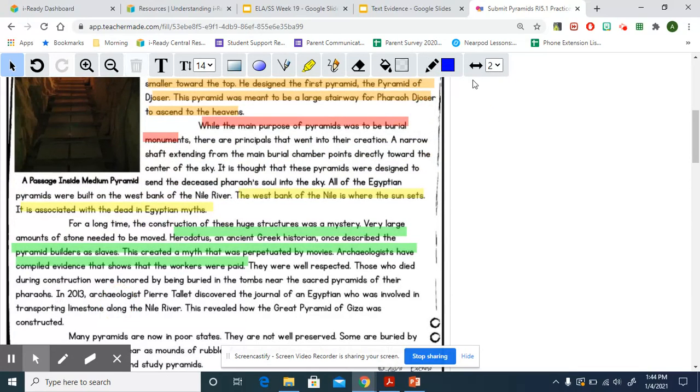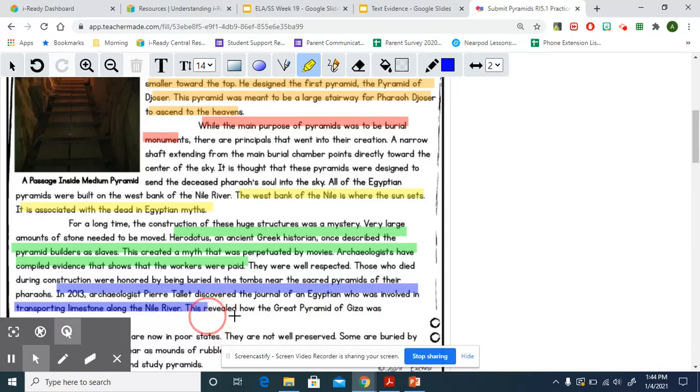In 2013, archaeologist Pierre Tallet discovered the journal of an Egyptian who was involved in transporting limestone along the Nile River. This revealed how the Great Pyramid of Giza was constructed.